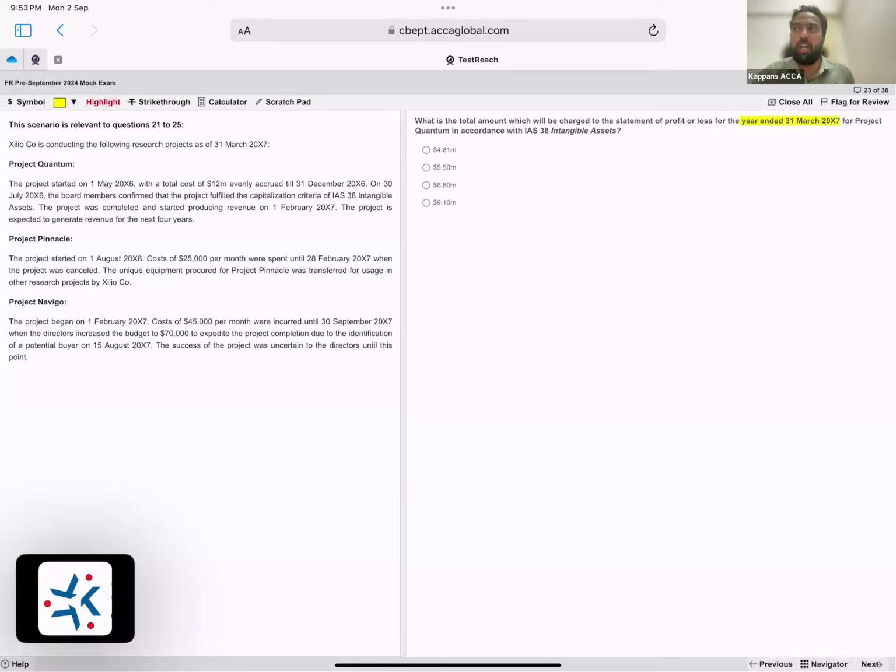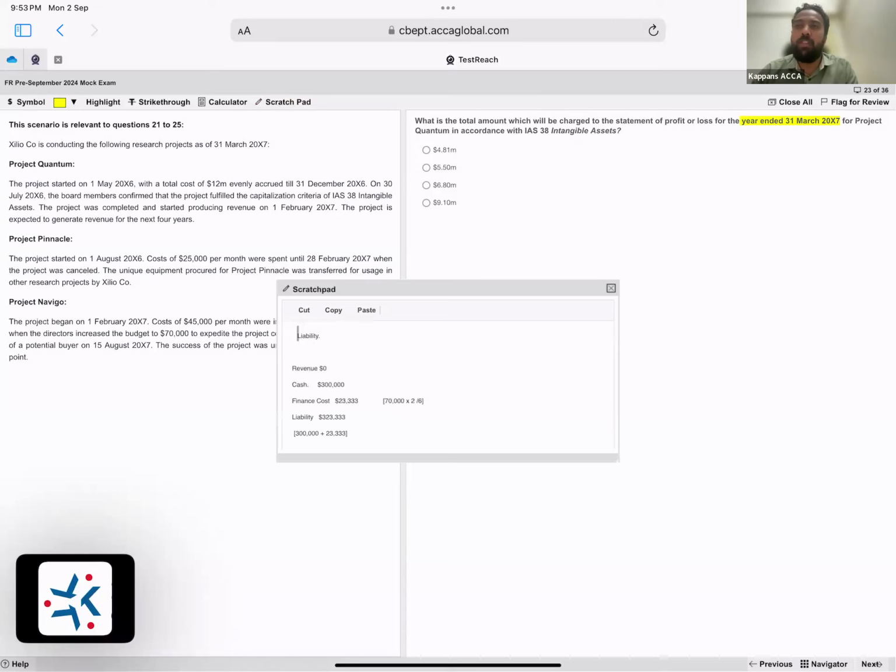So year begins on April X6 and ends on 31st March X7. So read the question. Zilio is conducting the following research project as of 31st March X7. Project Quantum, that is our question. What amount will be charged to profit and loss account?